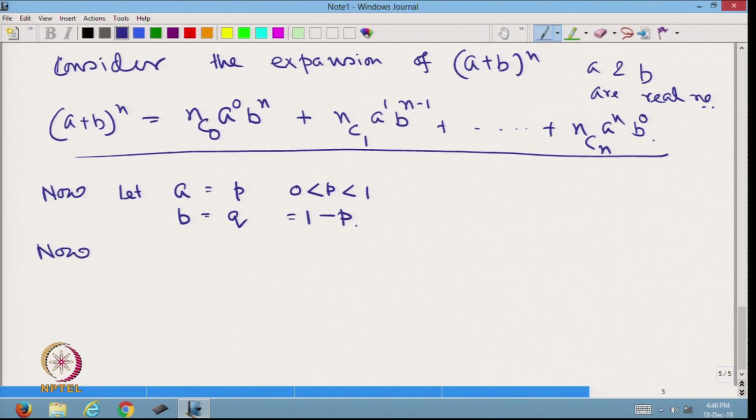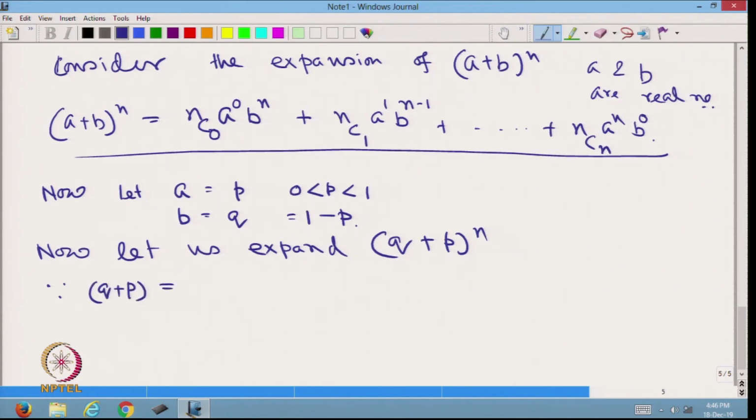Now, let us expand q plus p whole to the power n. Since q plus p is equal to 1, therefore q plus p whole to the power n is equal to 1.